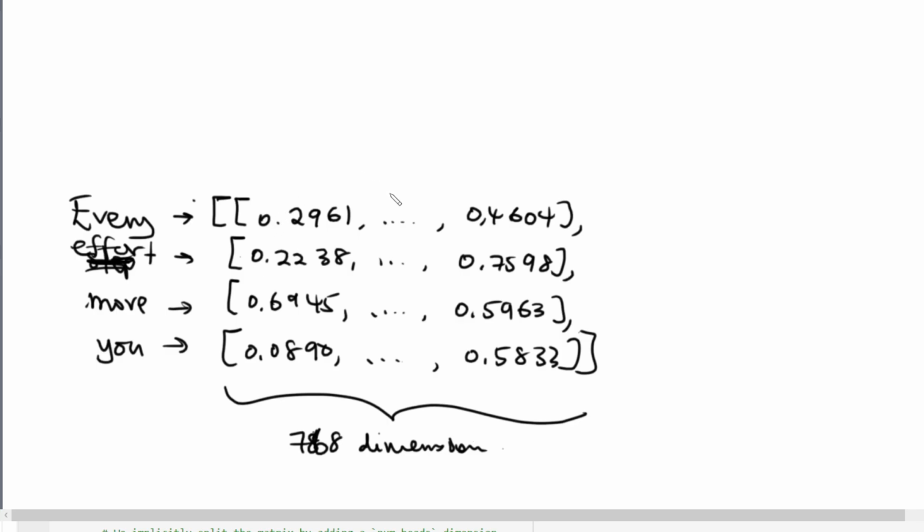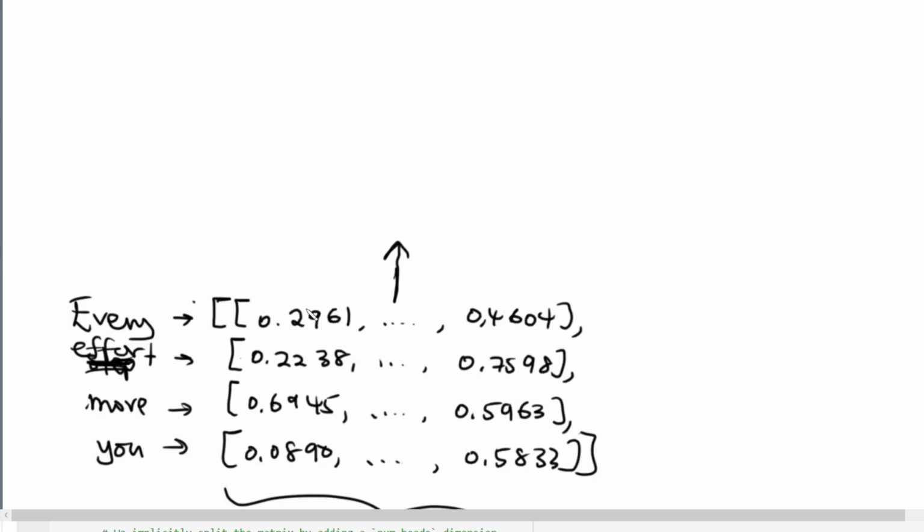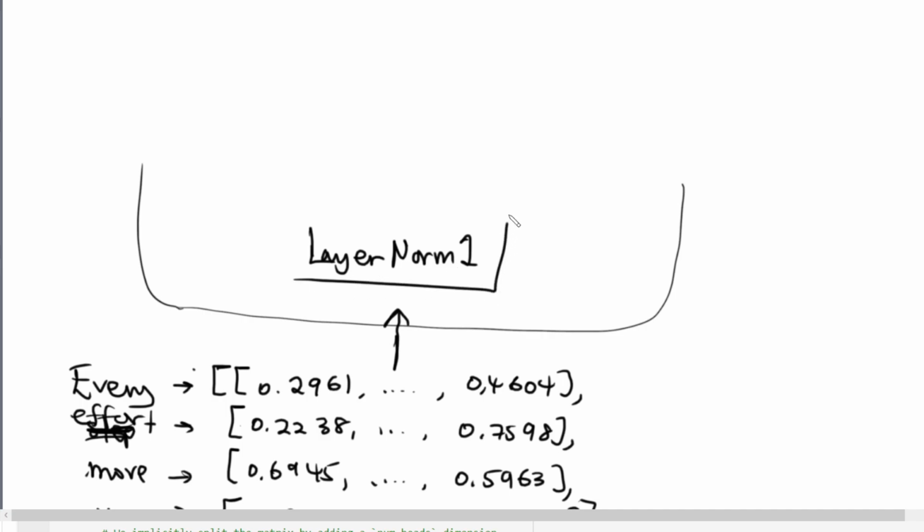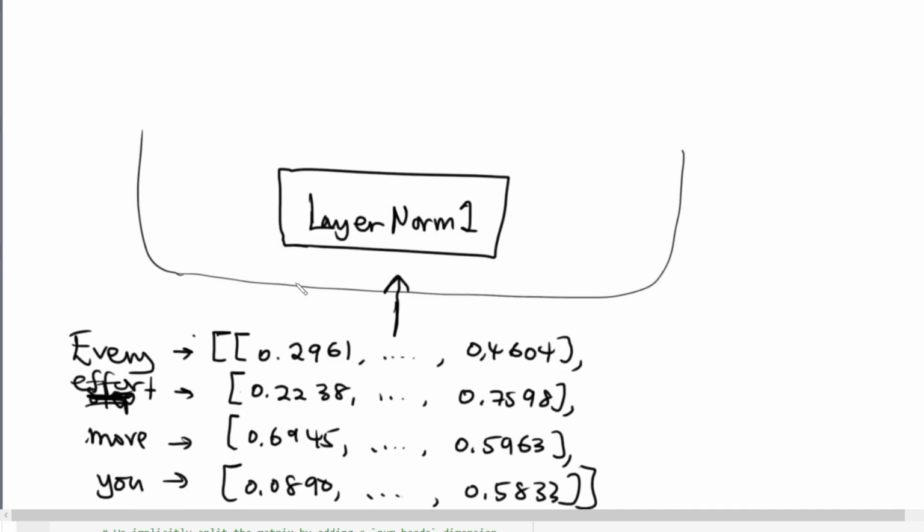As that is our embedded input, this would then come into our transformer block. What it first gets to, we normalize it. We are going to call it layer norm 1. That is the first normalization that is happening.